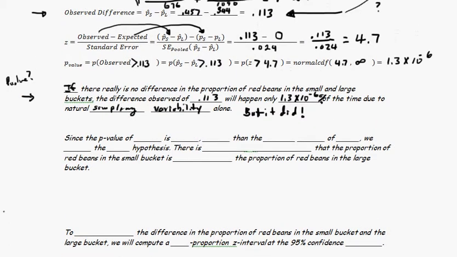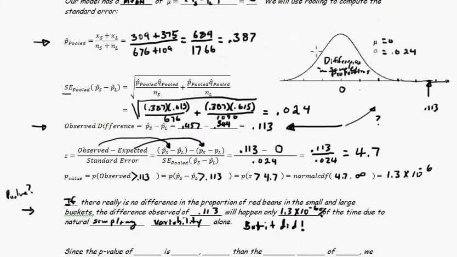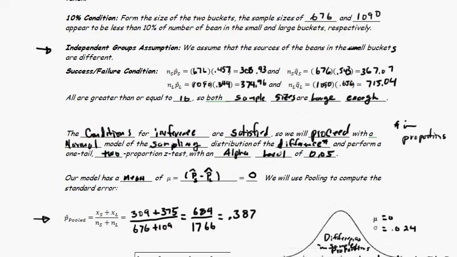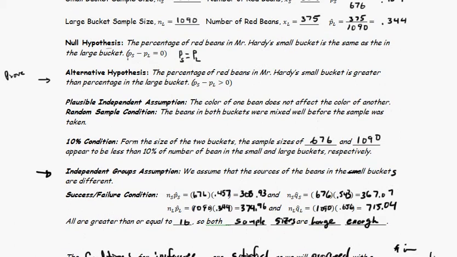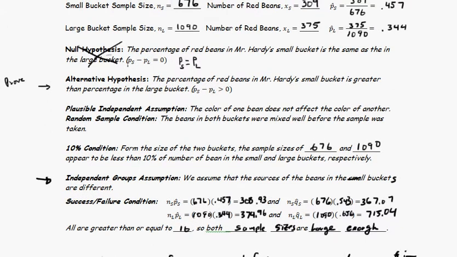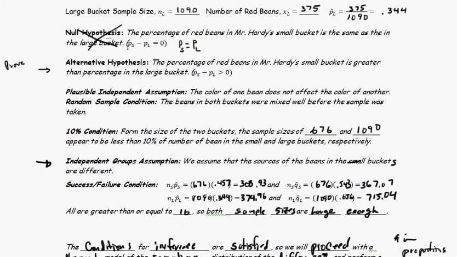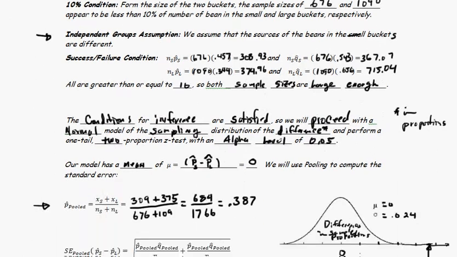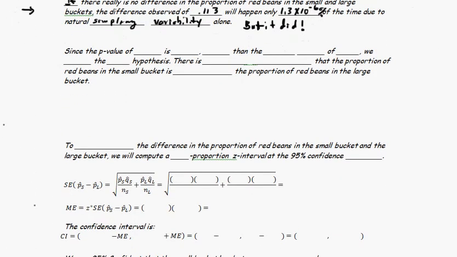So we can say, hey, this model is wrong, but where did this model come from? Well, it came from the null hypothesis. So the null hypothesis must be wrong, because assuming it and following a logical series of steps leads to a contradiction. So now that we've rejected it, we can accept the alternative. So that's what we're doing here.